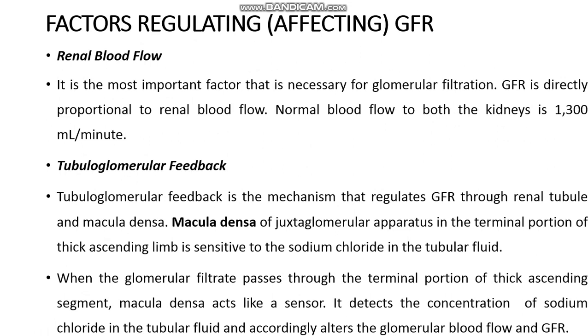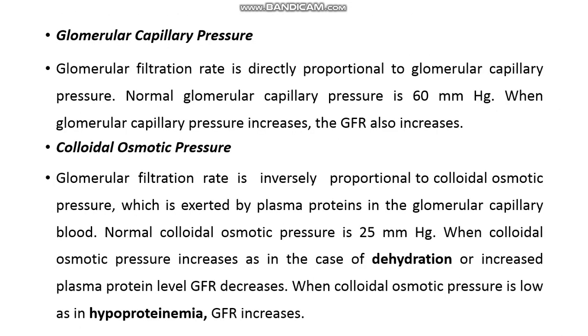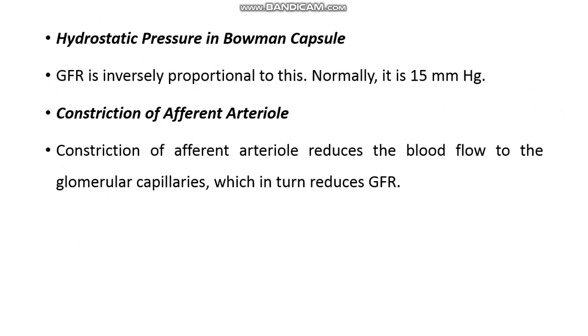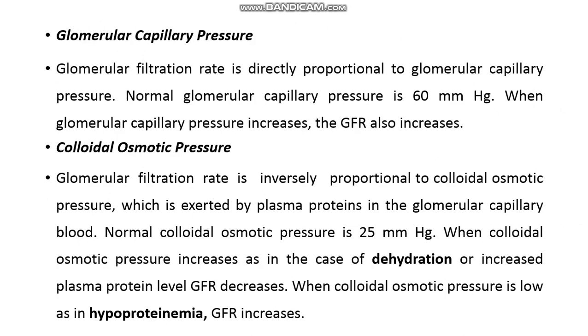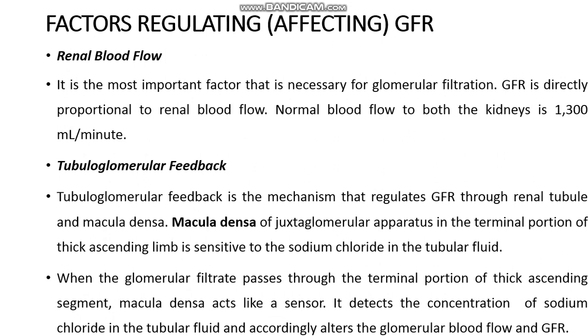The next topic is factors regulating or affecting the GFR. There are many factors which can affect the glomerular filtration rate. Let us see what the factors are. First one is renal blood flow.